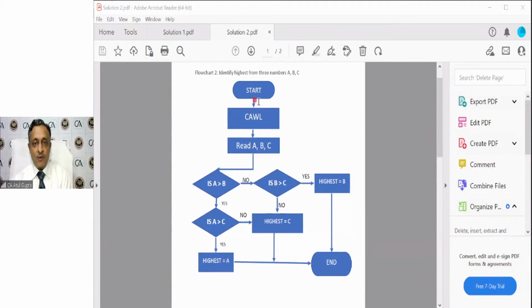So this arrow here. Okay. Then clear CAWL, I've used a short form. Please, in the exam, you write the full form: clear all working locations. Very important. Then you read 3 numbers.